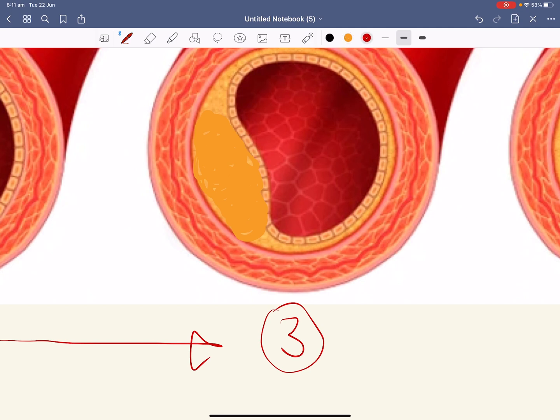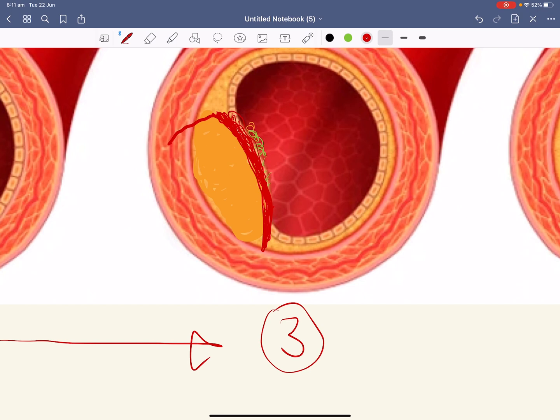Now, what makes it worse is that smooth muscle cells start to migrate and sit on top here, and they will start to, with the help of platelets that are kind of still sitting on the top here, secrete certain growth factors that bring in the smooth muscle cells, and the smooth muscle cells start to lay down a fibrous cap, which in a way is kind of good because it stabilizes it, which means that it's not likely to break.